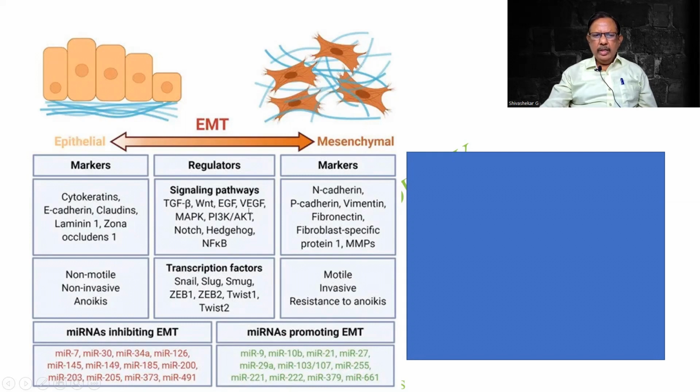Then also the vascular growth factor. In the mesenchyme, I have got other elements such as N-cadherin, P-cadherin, and vimentin. These will be promoting the change. They will actually be getting more activated, whereas these will be getting less activated, and this is called dedifferentiation.